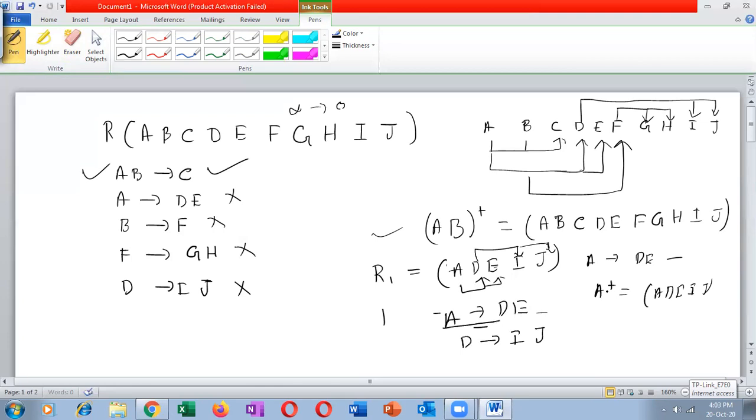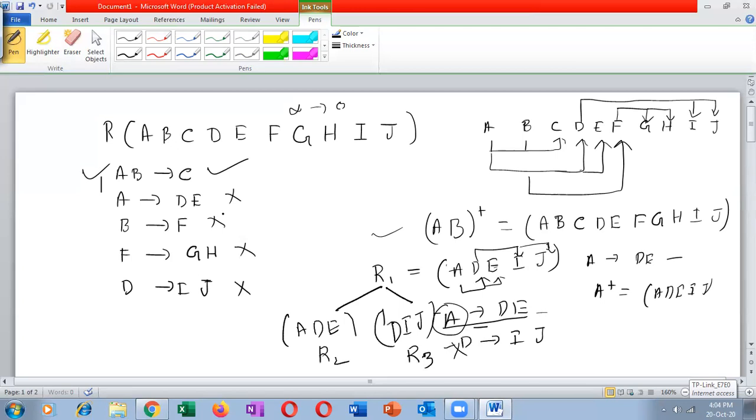A to DE is fine because the left hand side is a super key, since A is the candidate key. But D to IJ is not fine. On the left hand side there is only one attribute, D, and IJ is not a prime attribute, so it is causing a problem. So just separate out the dependency that is causing the problem. So this table will be further decomposed into ADE and DIJ. Suppose they are R2 and R3.